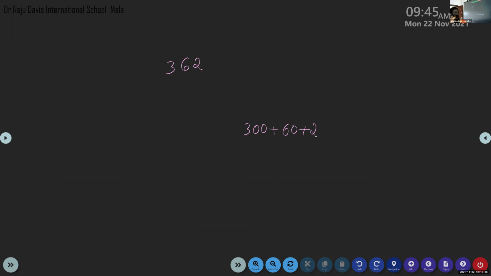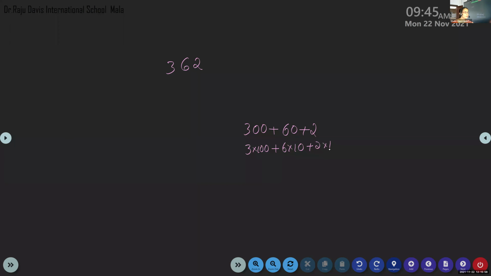You have studied how to expand that. 362 can be written as 300 plus 60 plus 2. Now this 300 can be written as 3 into 100, plus 6 into 10, plus 2 into 1.